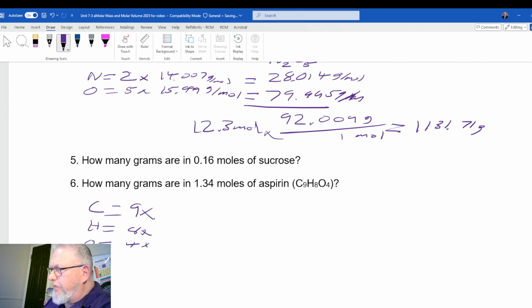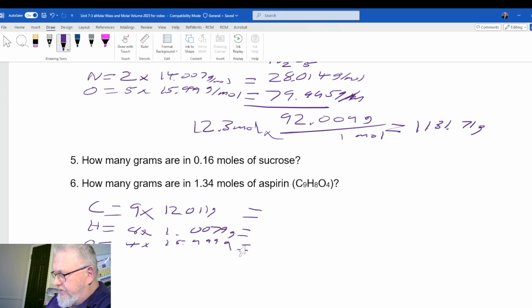I got to multiply that times the periodic table mass. Carbon is 12.011 grams. Hydrogen is 1.0079 grams. And oxygen, again, is 15.999 grams.